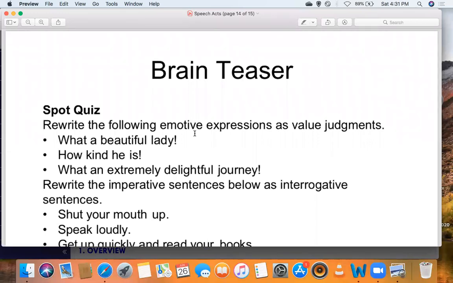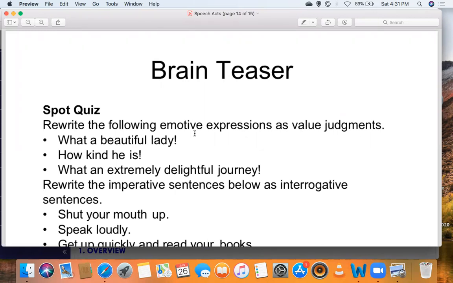For the first set of questions, rewrite the emotive expressions as value judgments. These are emotive expressions and we should convert them to value judgments. The first one: what a beautiful lady. It's an emotive expression.